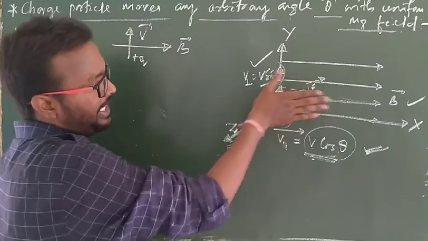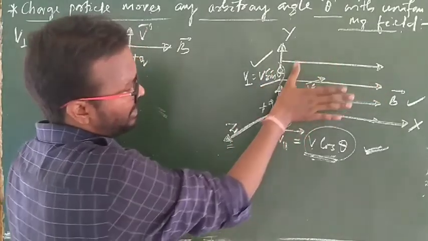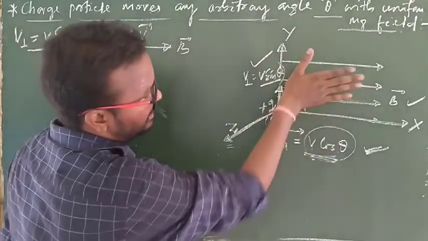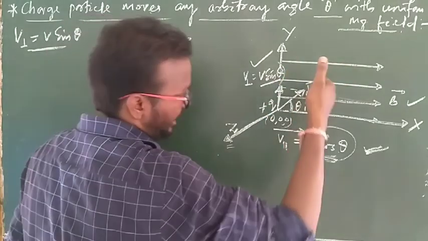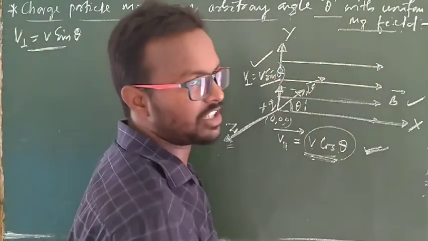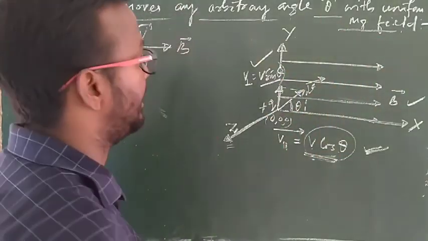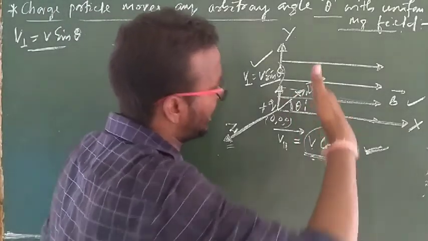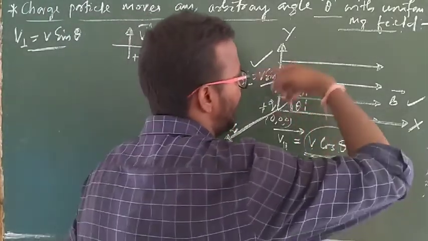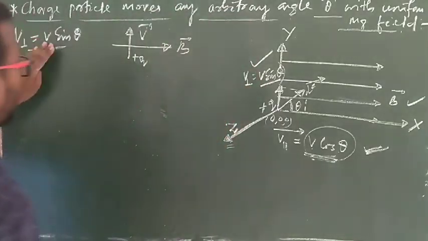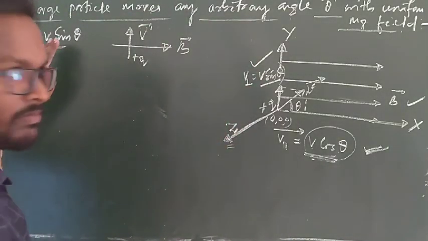If we put the right hand, this is the direction of magnetic field, this is the direction of the charged particle, then the palm indicates the inward direction, which is the direction of magnetic force.